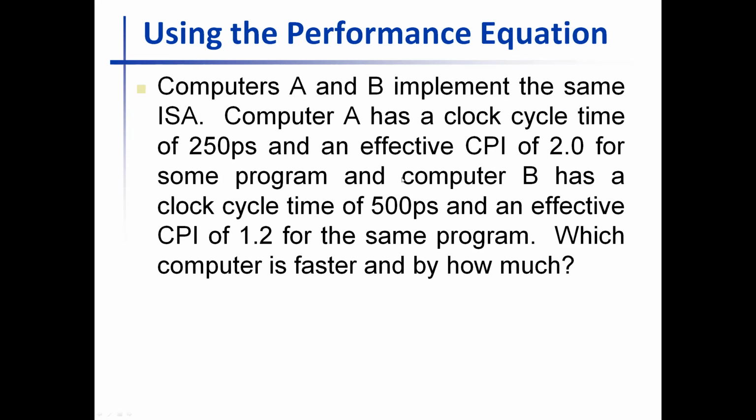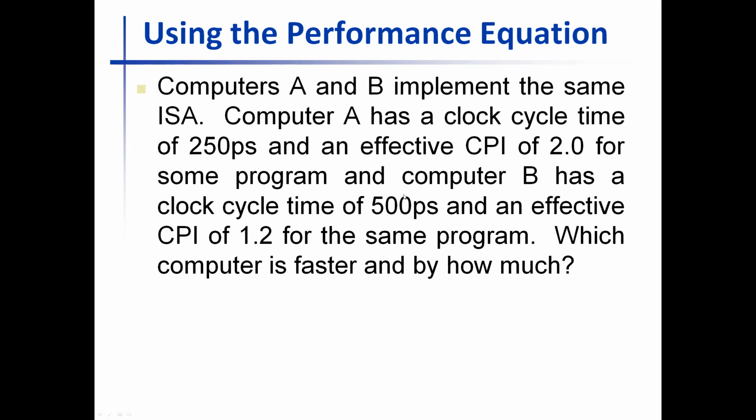And computer B has a clock cycle time of 500 picoseconds, 2 times as long as computer A, and an effective CPI of 1.2 for the same program. We can imagine that computer B has more complex hardware.